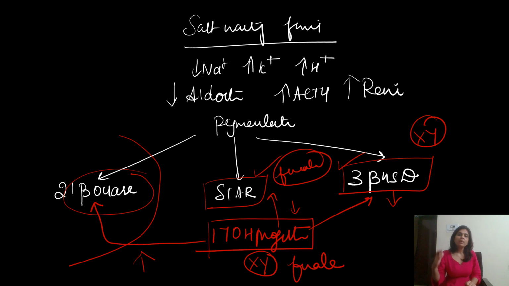Genetic male presenting as a male, it is 3-beta hydroxysteroid dehydrogenase defect. Females presenting just with hypogonadism is star protein defect. And females presenting with virilization is 3-beta hydroxysteroid dehydrogenase defect. This is the algorithm that you can use if there is a salt wasting form of congenital adrenal hyperplasia.